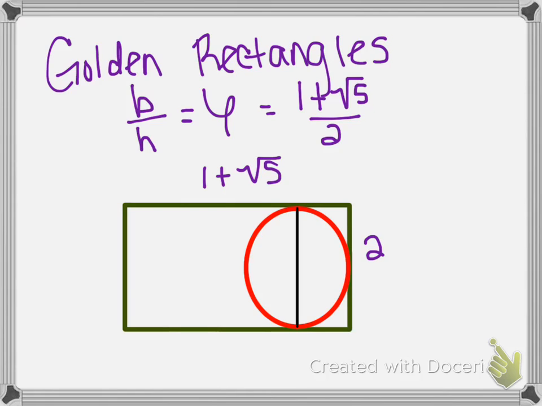First, just by looking at properties of rectangles, if this side over here is 2, then over here is going to be 2 as well. Let's write that in, because that'll be useful down the road.